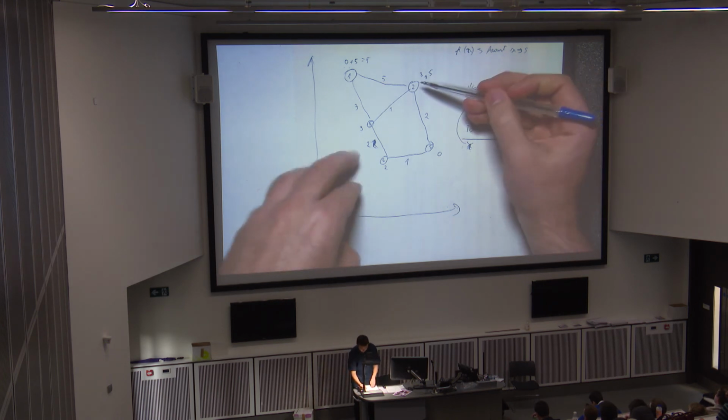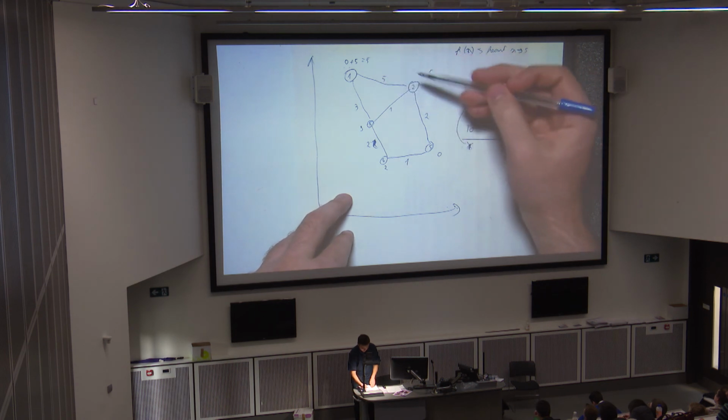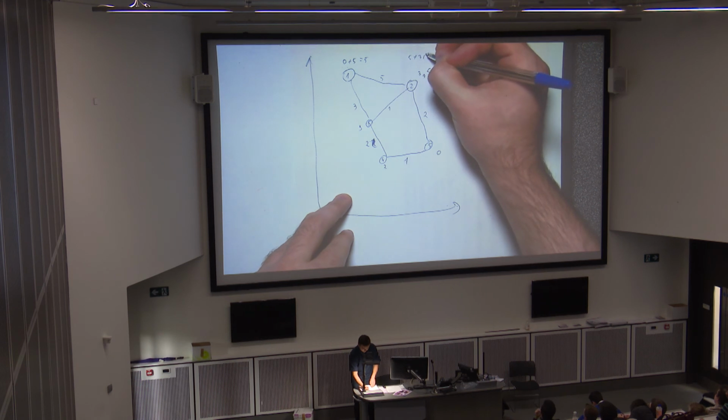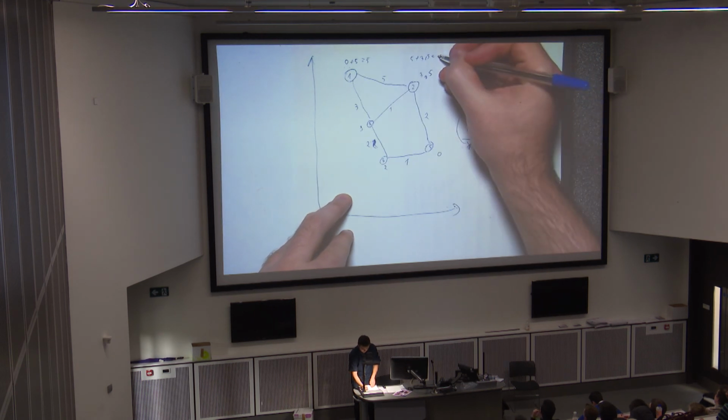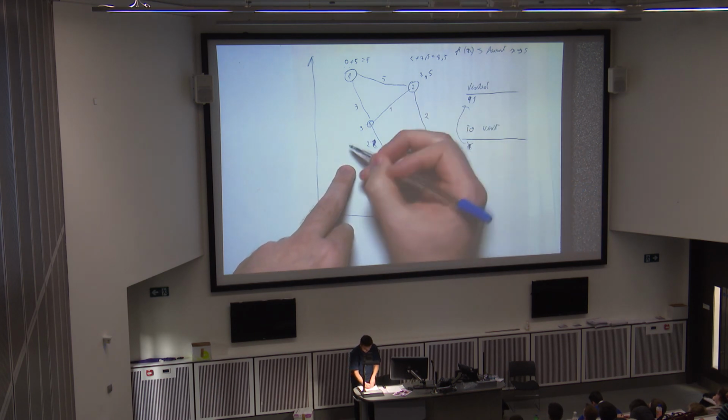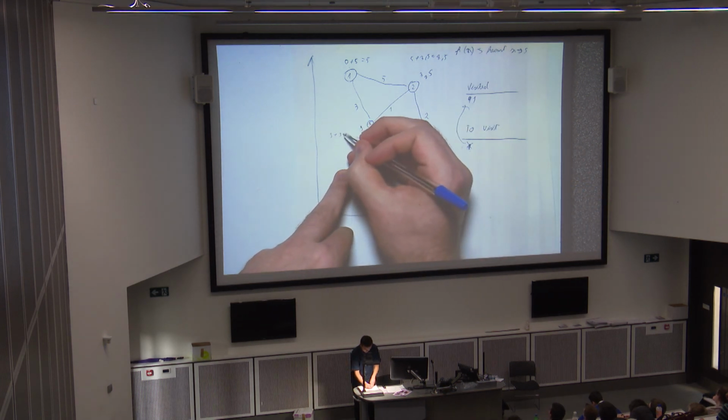So the final score of 2 at this moment would be 5 plus 3.5, which is 8.5. And of 3, it will be 3 plus 3, which is 6.